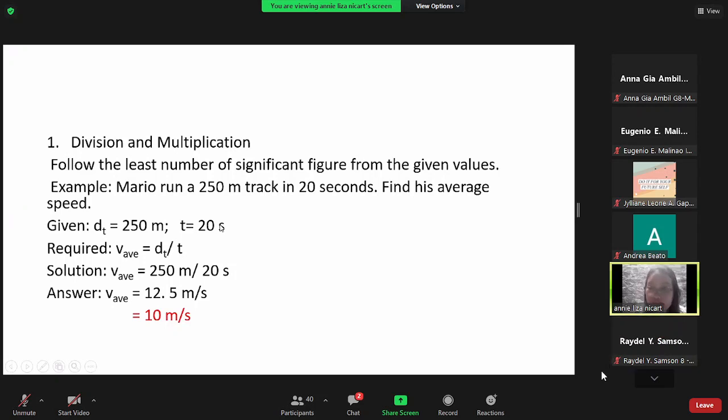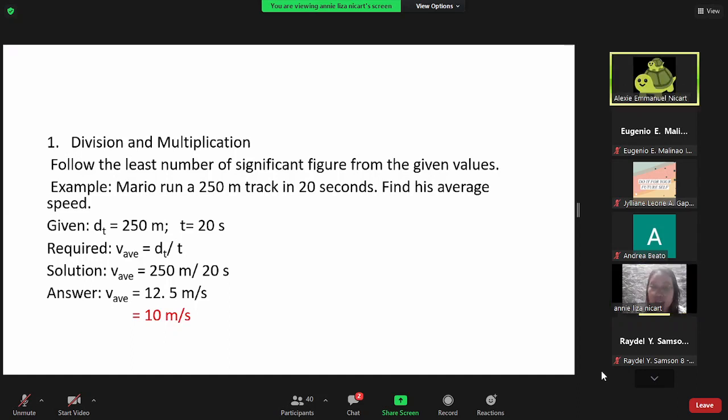So what is the least number of significant figures in our given? 1. So your final answer should only have 1 significant figure. Got it? So the accepted answer here is 10 meters per second, not 12.5 meters per second.